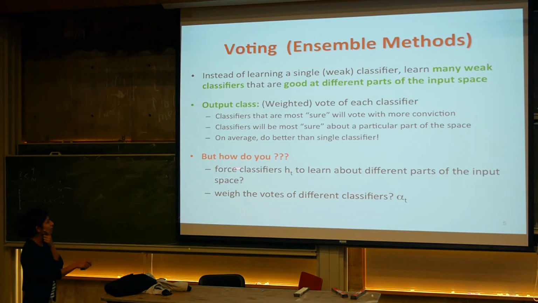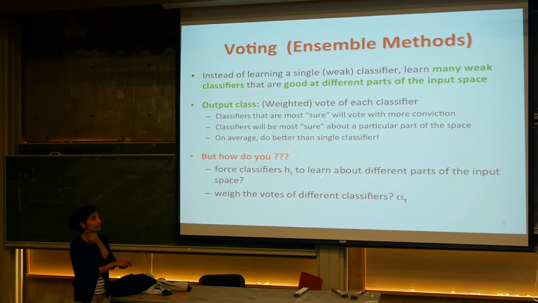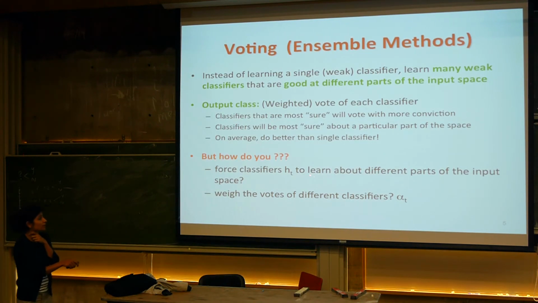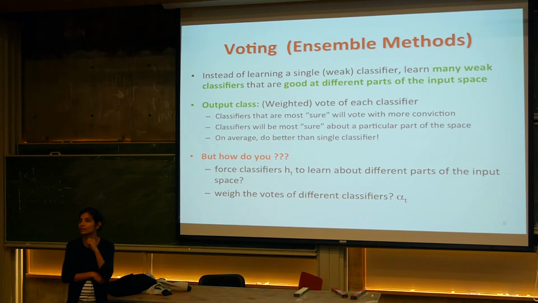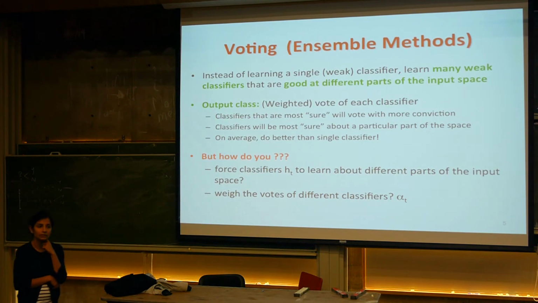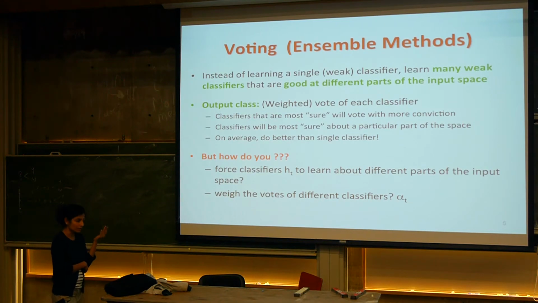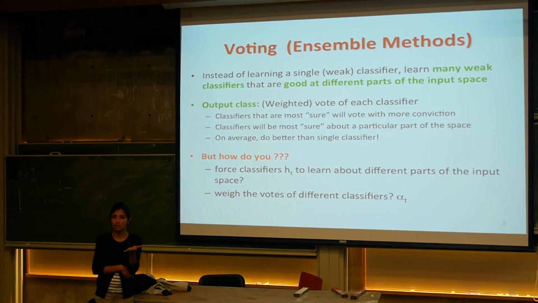So the key is, how do you learn these weak classifiers to be more confident about certain regions of the space than others, and then how do we set the weights of each of these weak classifiers? Okay, so first of all, I hope everybody is comfortable with what we have in mind when we say weak classifiers. Some very simple classifier.